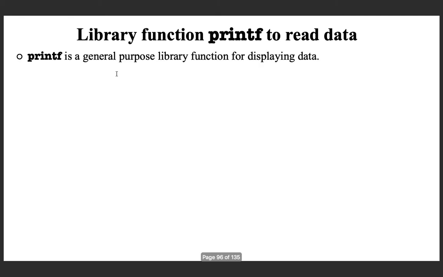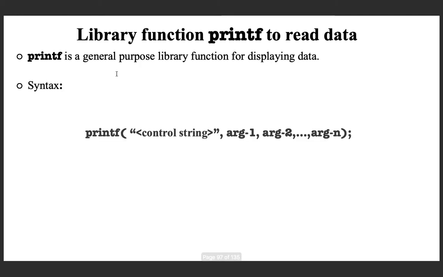Now we are going to discuss an output function. Printf is a general purpose library function for displaying data, just like scanf. Here it is for displaying data, but general purpose. You can display decimal integers or floating point or characters or strings. Syntax is here.